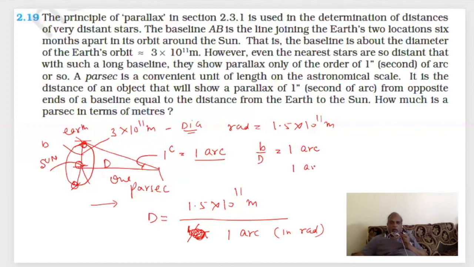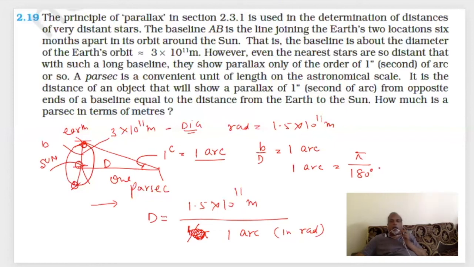It will be nothing but pi upon 180 degree, and how many arcs will be in 1 degree?